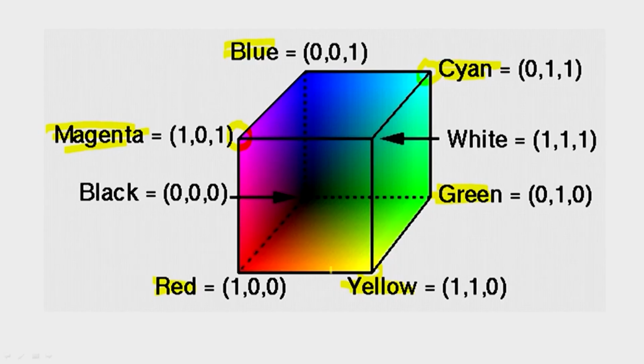Now, after completing 6 colors, that is red, green and blue, magenta, cyan and yellow, we are left with 2 more corners of this color cube. One is white and another one is black, which is at the far end of this color cube. So that makes our complete color space.